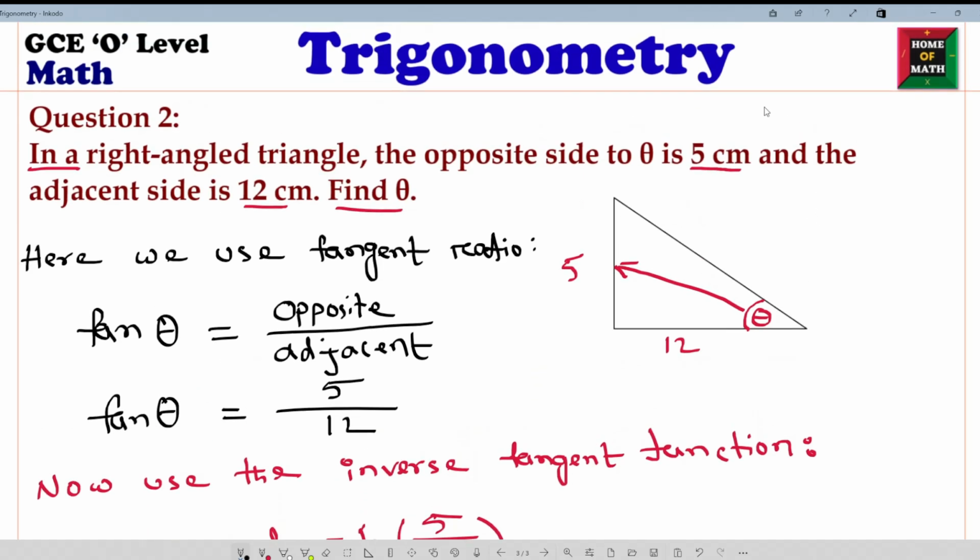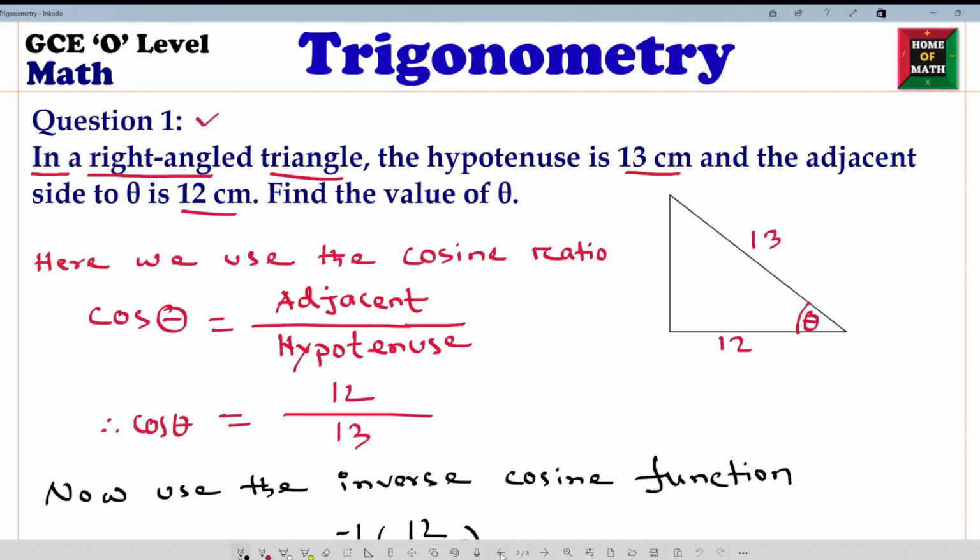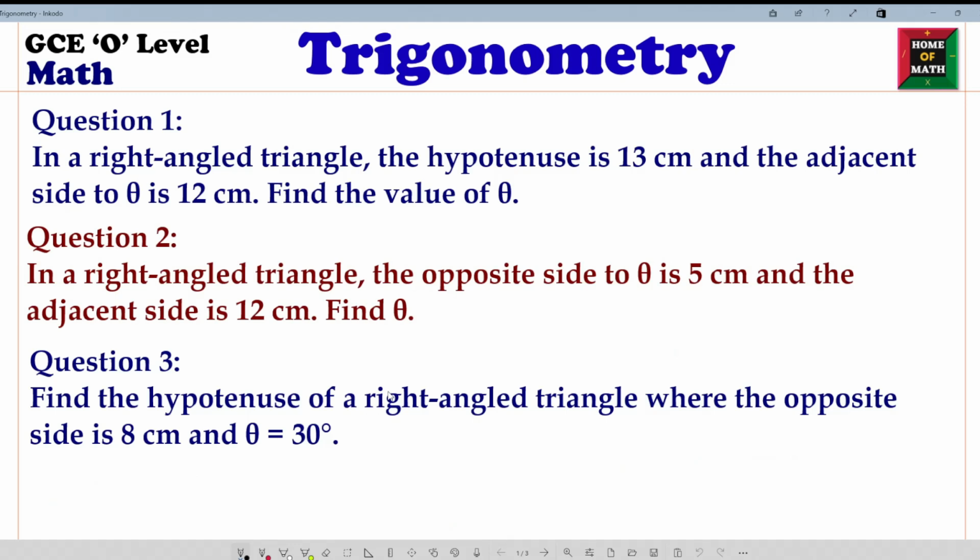So here are the answers: the first one is 22.62 degree, then 22.62 degree, and for the third one, find the hypotenuse of a right angle triangle where the opposite side is 8 centimeter and theta is 30 degree.